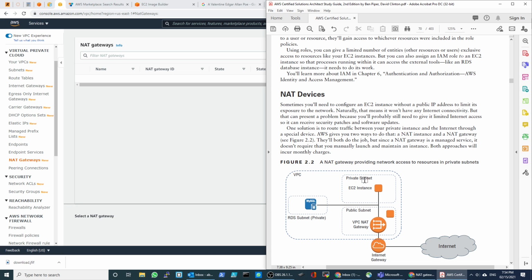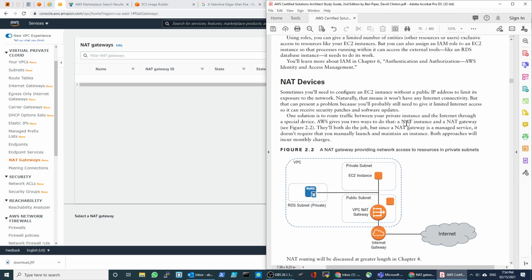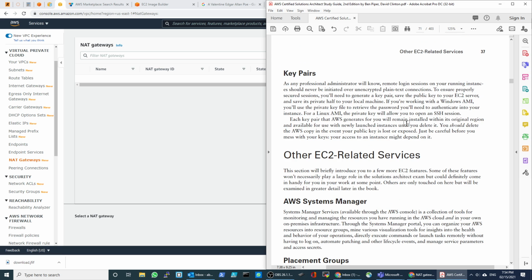So for the private subnet to be able to access the internet, it has to go through a NAT, the VPC NAT gateway. Okay, so for example, the person sitting in here could go to CNN.com or FoxNews.com, but no one from outside will be able to get to the machine, all right, because it's in the private network. So we have to use the NAT devices or NAT gateways.